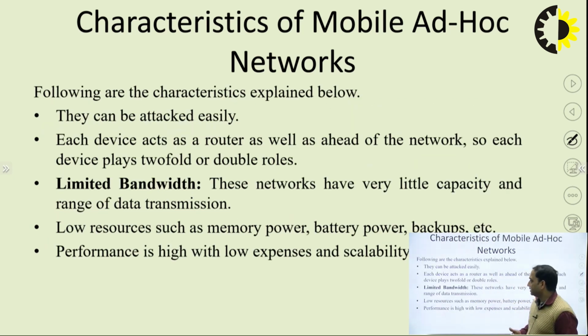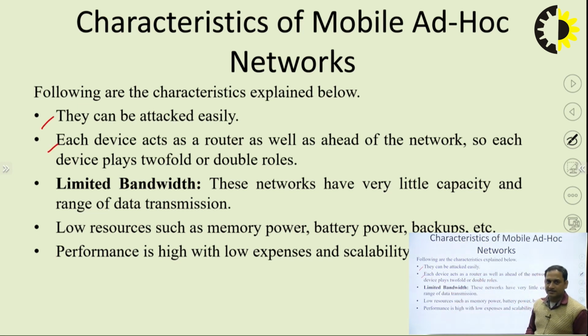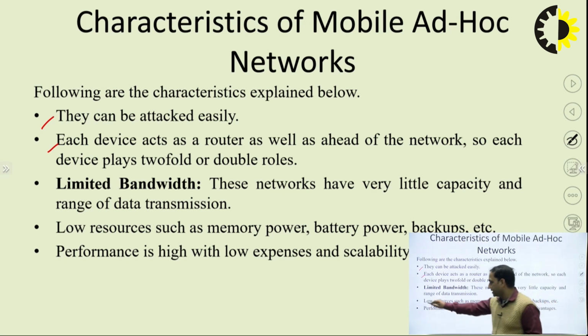These are again the characteristics, or some of the drawbacks also, which we have taken care of. It can be attacked easily. Each device acts as a router, as I said earlier in the networks. A device can be used for multiple roles, as I said earlier: source, destination, routers, modems, and so on.